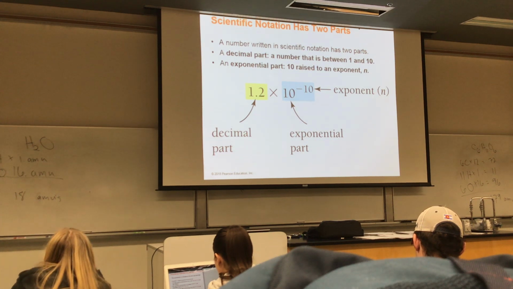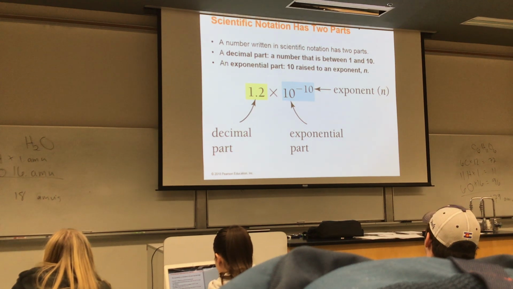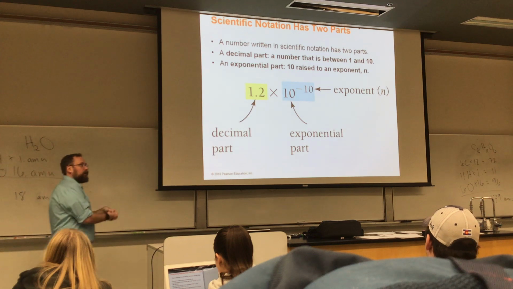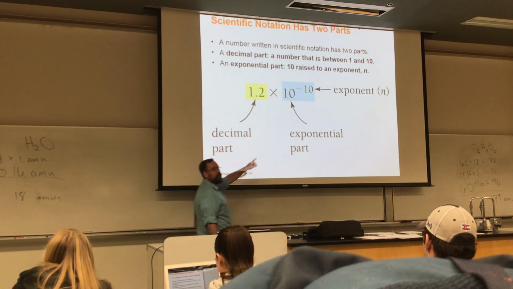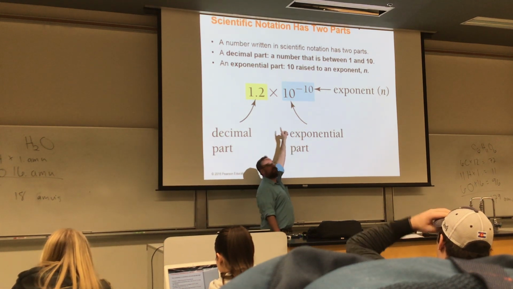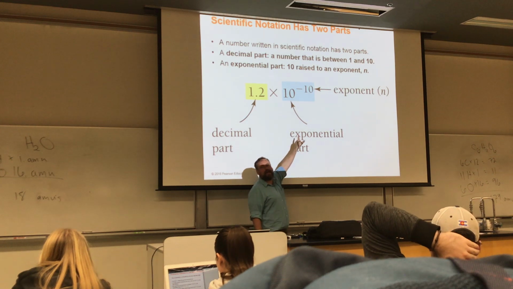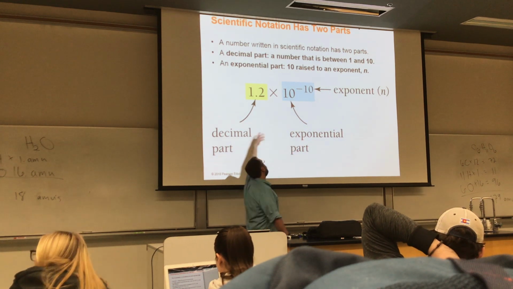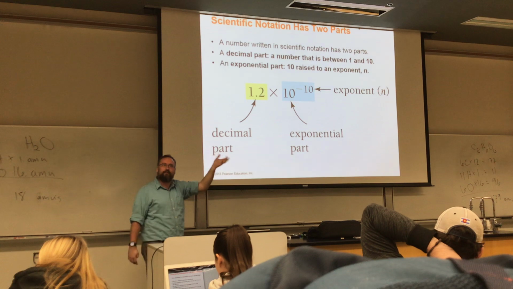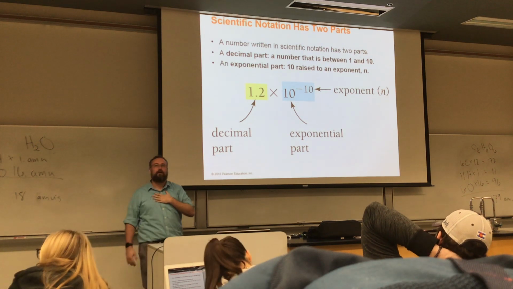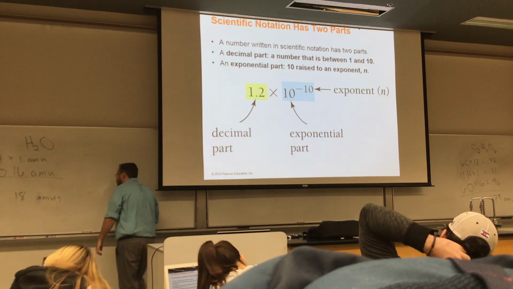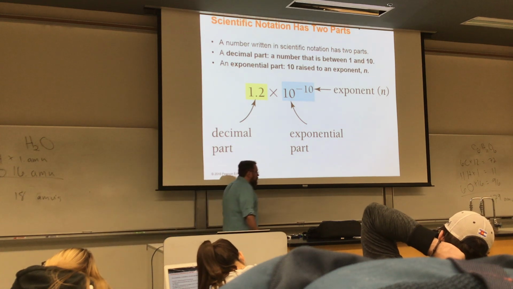The other thing we're going to talk about is scientific notation, which is a way of reporting numbers so that instead of putting 10 zeros in front of my value, I condense it so that I can read it as 1.2, which is a number that's much easier for me personally to work with than this value.